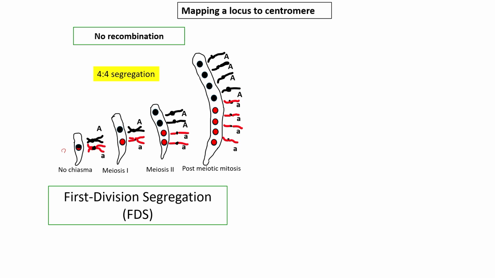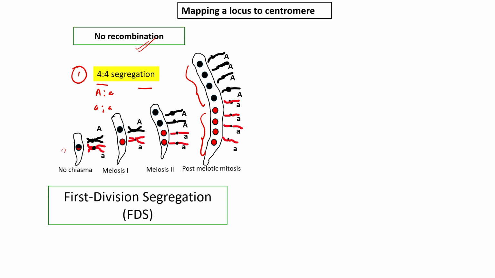So now remember one thing: when no recombination is happening, you have the spores in a combination of 4:4. This is one point, right. 4:4 of what? A and small a, right. And it could be reverse also, these spores could be on that side too. So small a, capital A, that is also 4:4.